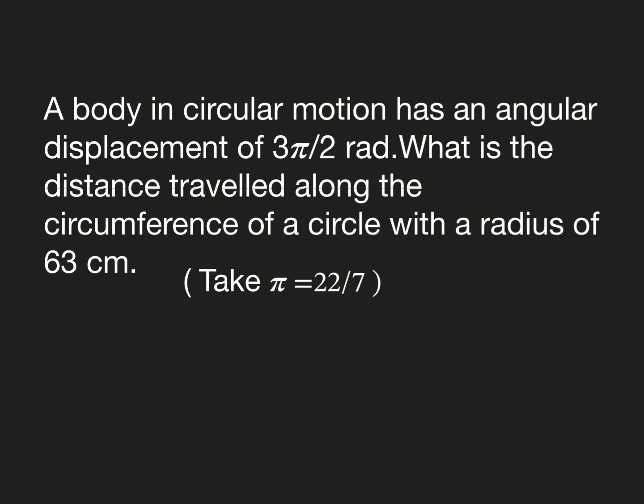A body in circular motion has an angular displacement of 3 pi over 2 radians. What is the distance traveled along the circumference of a circle with a radius of 63 centimeters?